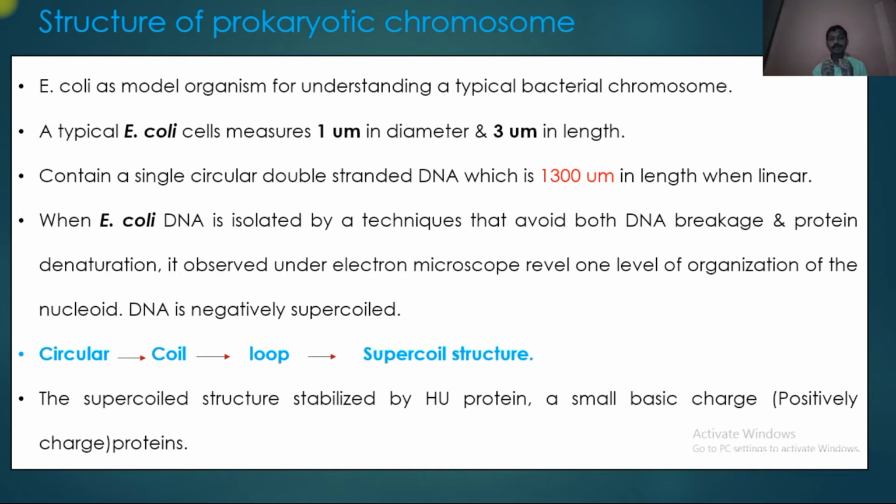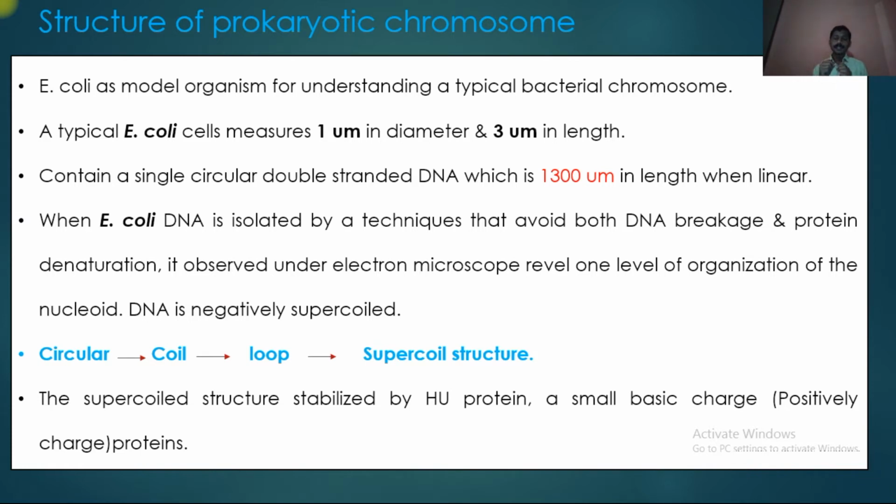But the question arises: when we coil and form loops or supercoils, the double-stranded DNA may reopen. For wrapping such a supercoiled structure of DNA, some RNAs and histone-like proteins are used, as histone proteins are present in the eukaryotic cell.